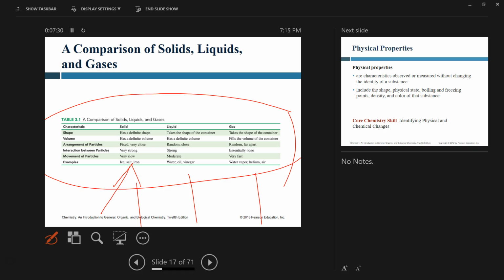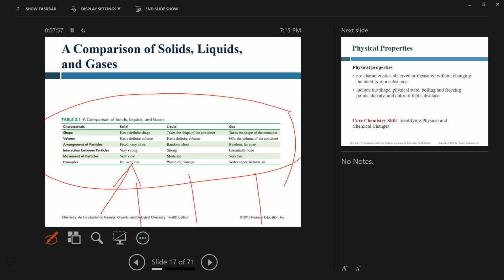Now, I don't think you will have any trouble identifying a solid, a liquid, or a gas. But in terms of the questions on the quiz, you should be able to match a characteristic with the state. So say I tell you it has a definite volume but indefinite shape.